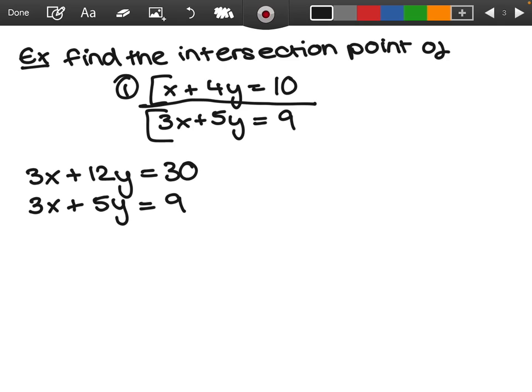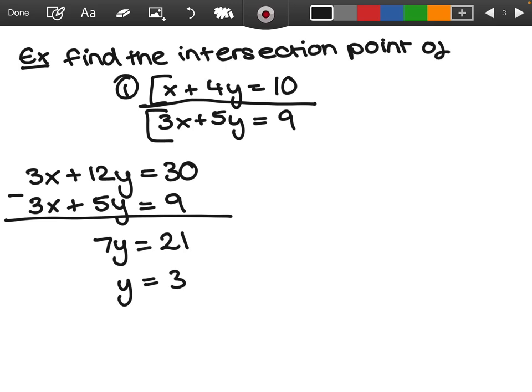So if I subtract the second equation from the first equation, you'll find that I get something in terms of just y's and constants, which makes this much easier to solve because at this point, all I have to do is divide through by 7 and I get my value for y.